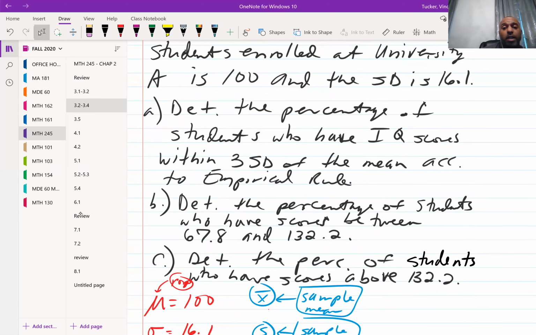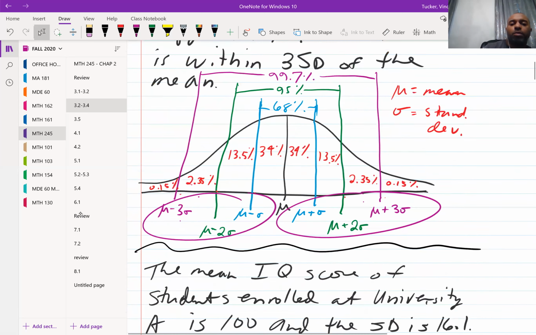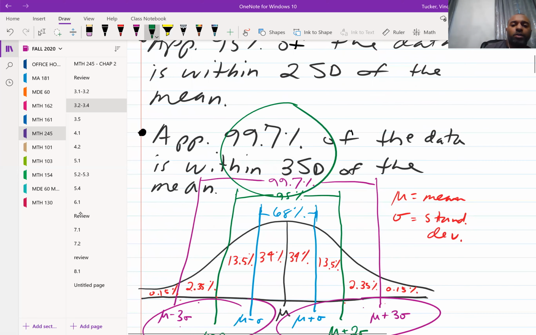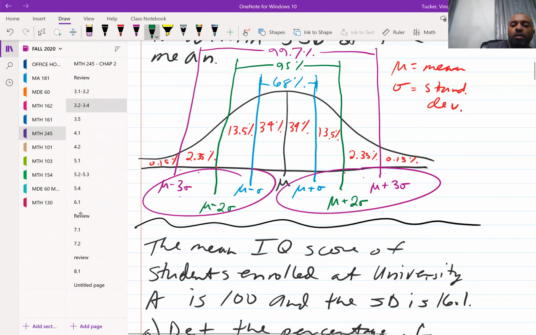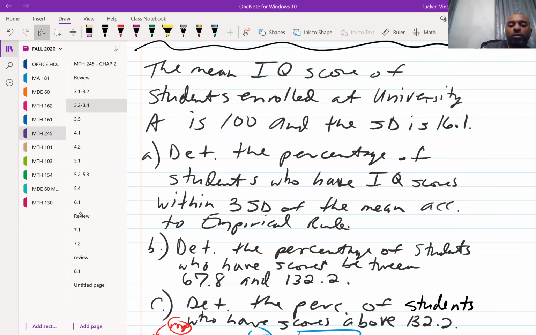So determine, we're looking at A, determine the percentage of students who have IQ scores within 3 standard deviations of the mean according to the empirical rule. So like I said, we really didn't have to do any calculation to figure out A. We go back to the empirical rule, 99.7% of the students will have IQ scores within 3 standard deviations of the mean.